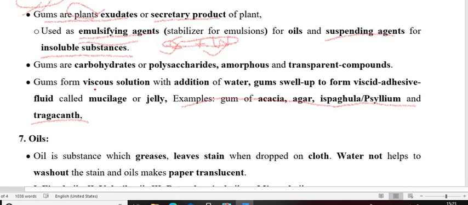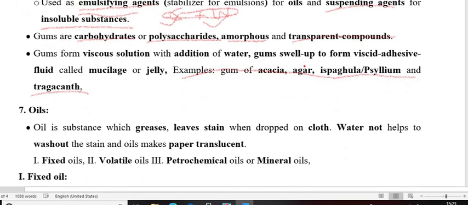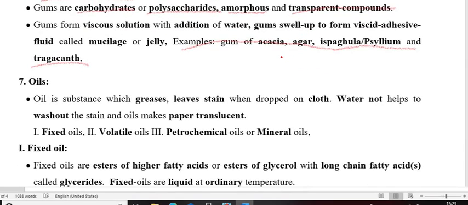Another property of the gum is that gums are carbohydrates, or you can say polysaccharides, and they are shapeless, amorphous and transparent in nature. Another property is that when you mix the gum with water, the gum swells, and after swelling with water, it forms a viscid adhesive fluid.